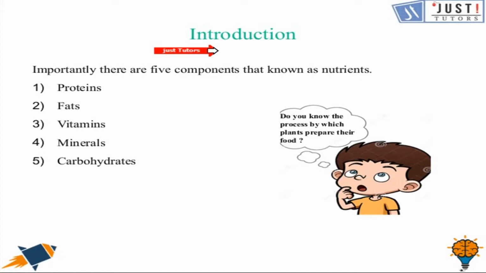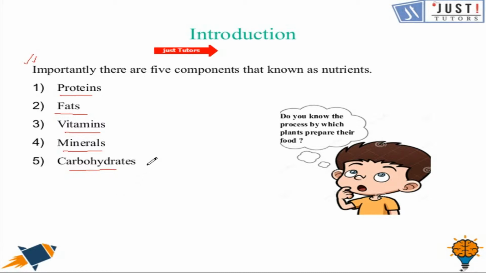So humans or animals indirectly depend on animals or plants for their food. Importantly, there are 5 components known as nutrients present in our food. The food which we take for surviving in this world contains mainly 5 components. The very first is proteins, fats, vitamins, minerals, carbohydrates.